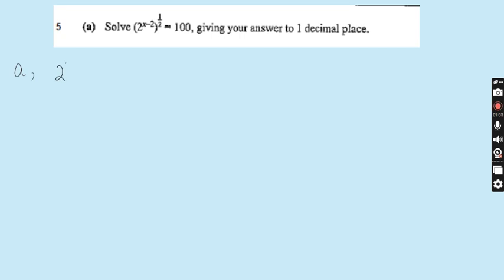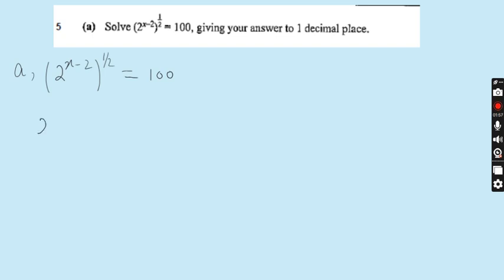Part A: 2 power x minus 2, whole power 1 upon 2, is equals to 100. First, apply the rule of indices. You know, power to power is always multiply.